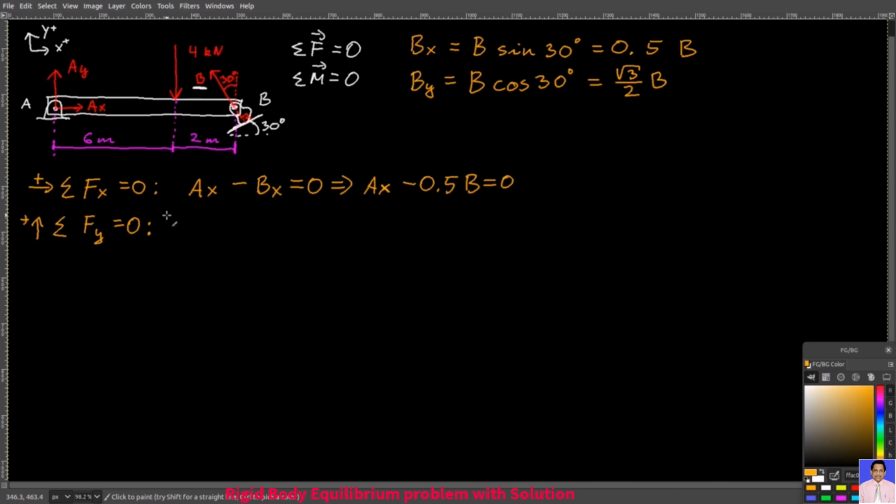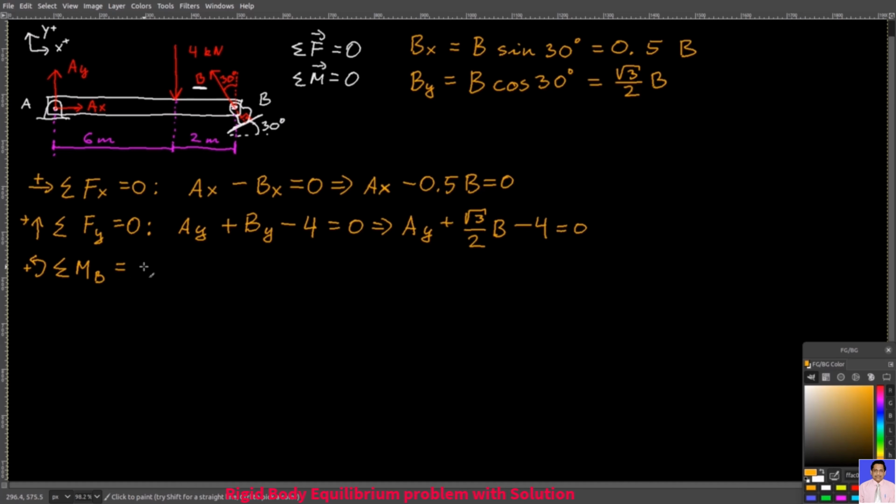Then let's do it for the forces in the y direction. Here they are, or here. And finally, that's something that you did not have in the particle equilibrium problems. You will take a moment about a point. In this case, I'm going to take it about point B, and all the moments about this point, plus all the couple moments, must be 0.